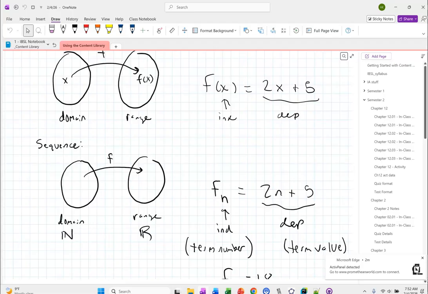So instead of using an f of x notation, we use an f and then a subscript n. Typically when we talk about a sequence, we use the lowercase letter n as our standard variable. We call that independent variable the term number, and then the output of that sequence would be the term value.